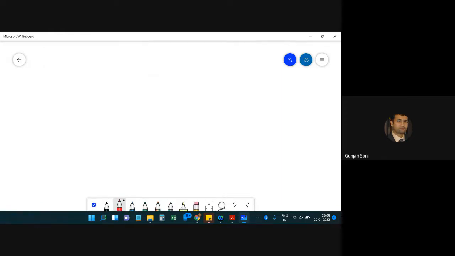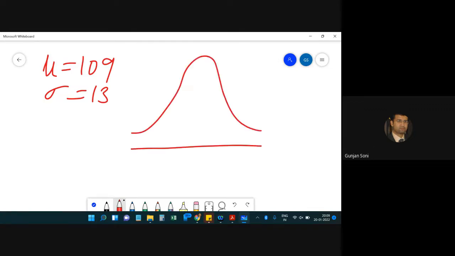So the birth weights of the population are normally distributed with mean given as 109 and standard deviation given as 13. What is the chance of obtaining a birth weight of 141 oz?